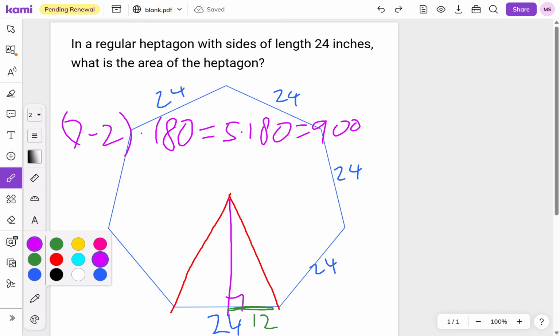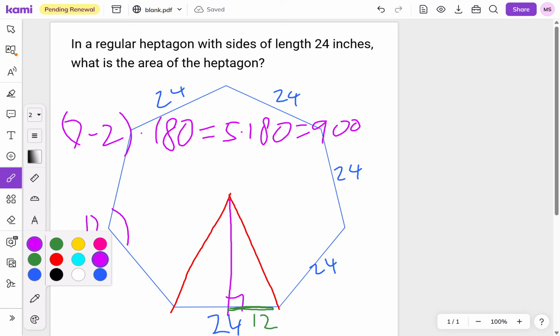So each one of those purple angles is 900 divided by 7, and 900 divided by 7 is exactly 128.5714286. We'll just say 128.6.